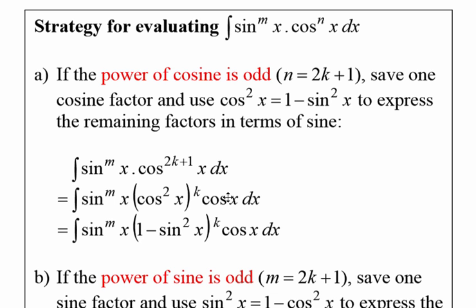Remember, when you times powers, you add the exponents. We do that so that we get the cos squared x, and we replace it with 1 minus sine squared x. And as we saw in the example, you times everything. You first square it or cube it, or whatever you need to do to it, then you times everything in and you use inspection. That's if the power of cosine is odd.